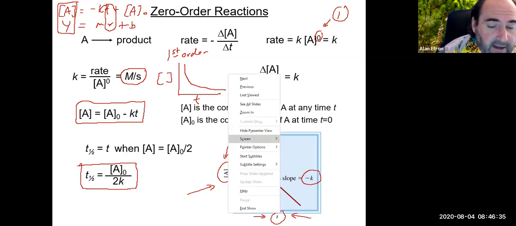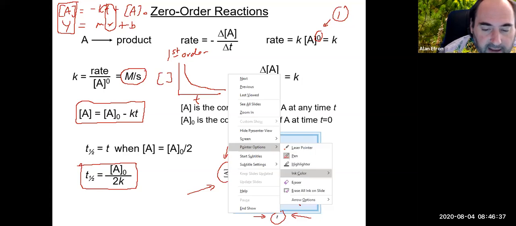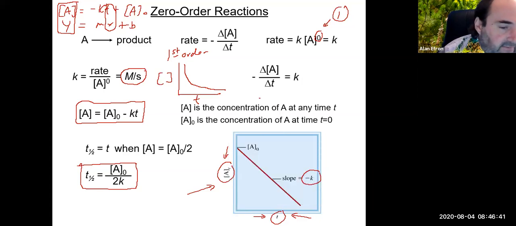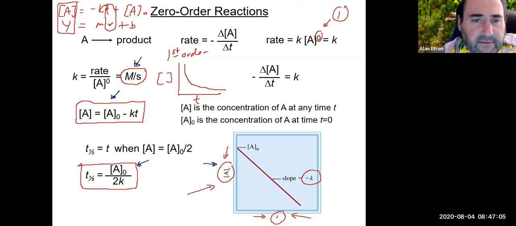So again, they are technically the same graphs that are being used, but they do give you a different result depending on if it's first order or zero order. Zero order will give you a linear fit when you do concentration versus time. First order will not. So just like the other ones, units, equations, and graph are typically the important things off of this slide.